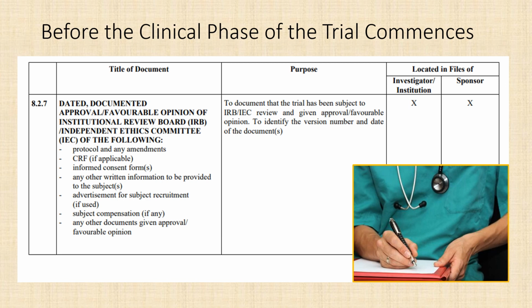Subject compensation, if any, and any other documents given approval or favorable opinion. The purpose is to document that the trial has been subject to IRB/IEC review and given favorable opinion, and to identify the version number and date of the documents. These need to be filed both at the institution as well as the sponsor.